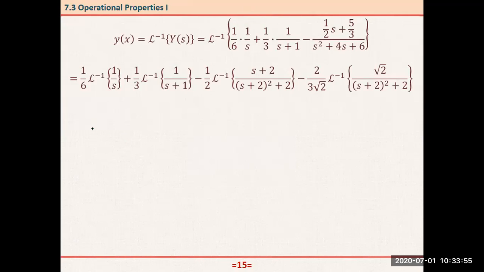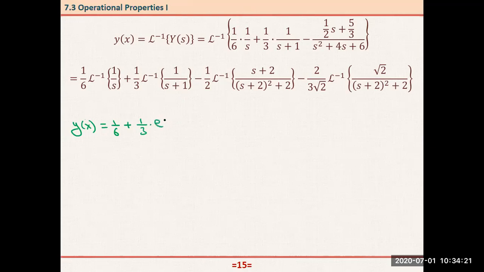So we can just write here our y. Y of t is equal to, the first one is 1 over 6, right? And what function's Laplace transform is 1 over s? It is just 1, right? Plus, second one is 1 over 3 times, and you're familiar with this. What is it?